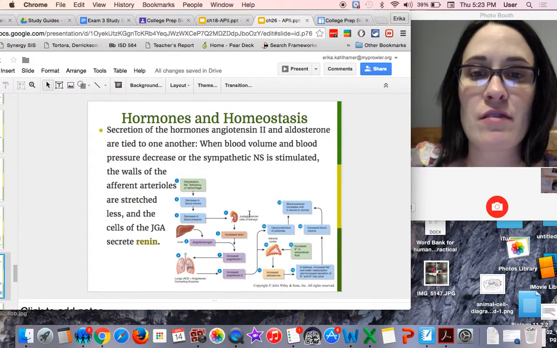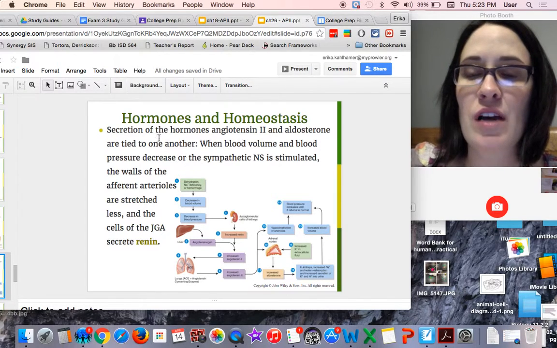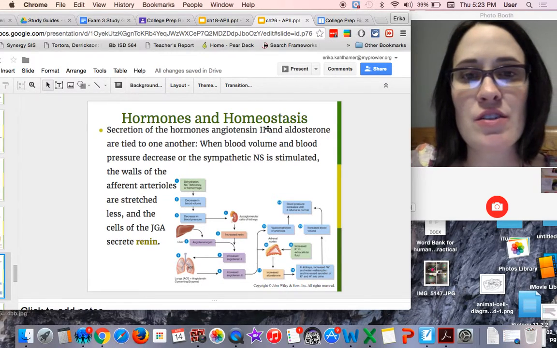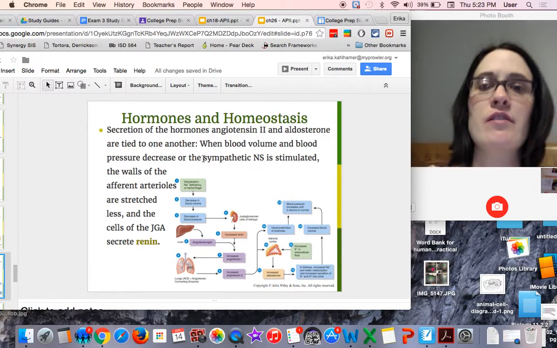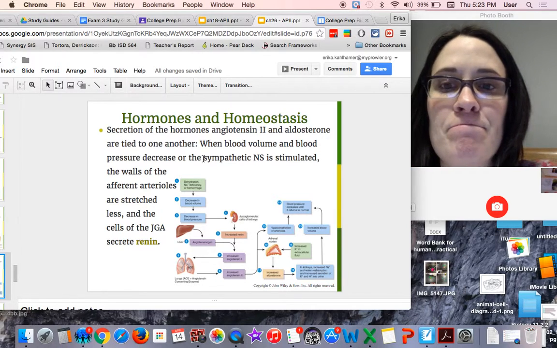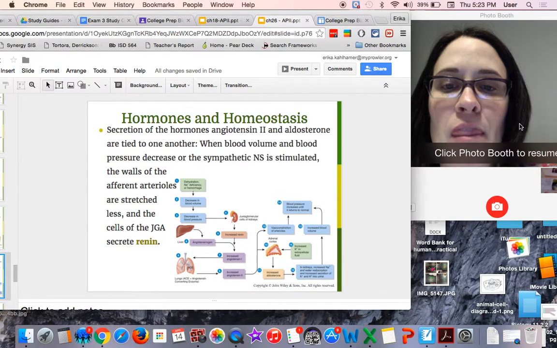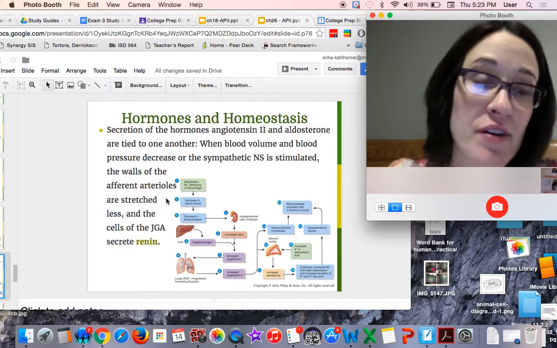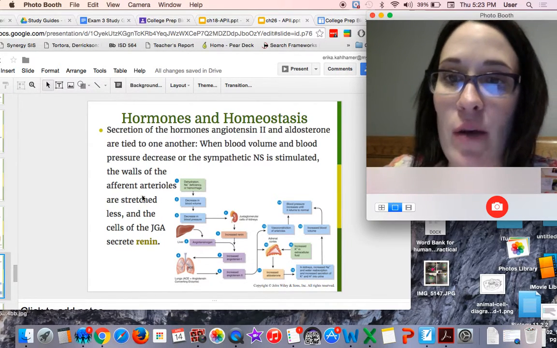And then this pathway, we'll talk more about later, but a little brief synopsis. The secretion of the hormones angiotensin II and aldosterone are tied to one another. So when blood volume and blood pressure decrease, or the sympathetic nervous system is stimulated, you want to increase the blood pressure, is what your body wants to do.